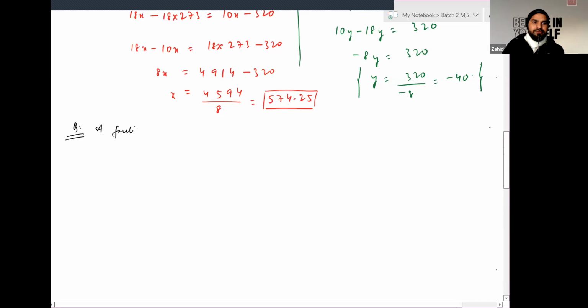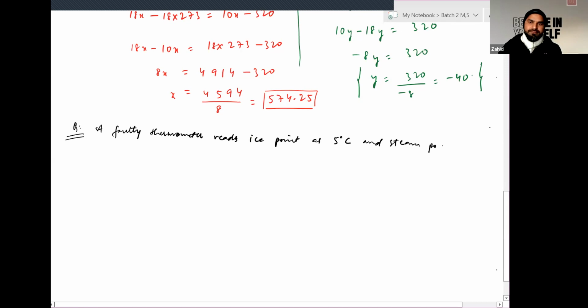Suppose a faulty thermometer reads the ice point as 5 degrees Celsius and the steam point as 95 degrees Celsius. Find the reading of 60 degrees Celsius on this scale.